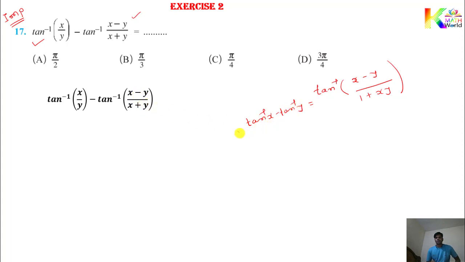It means you need to use the subtraction formula. Okay, so for that you require 1 here. It means you have to set 1 here firstly. But when you set 1 here, then in that case you need to divide by x. But here, as you can see, x by y is there. It means you have to divide by y.